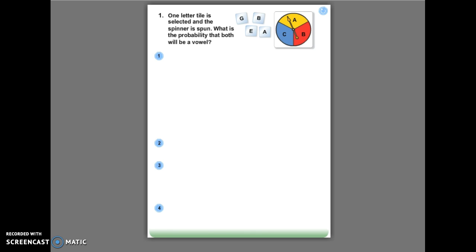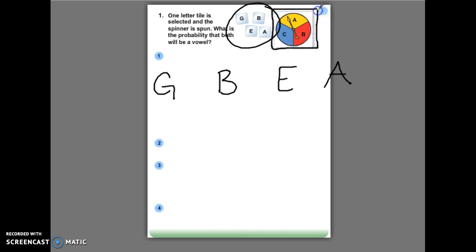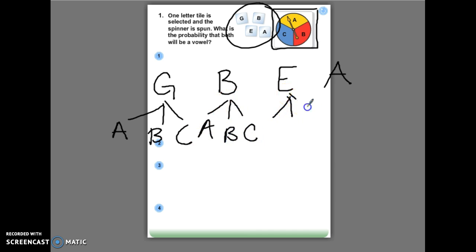So first, for the tree diagram, we look at the options that we have for tiles. So I have an option of G, B, E, and A. If I pick a G, what are my options on my spinner? Well, I have A, B, and C. If I selected a B tile, I still have the options of A, B, and C. Same thing here, A, B, and C. So those are my total outcomes.